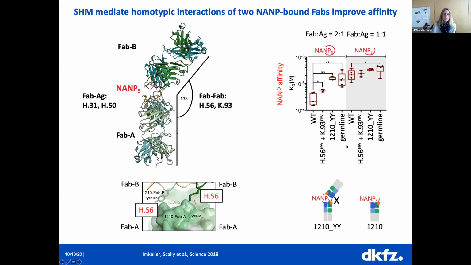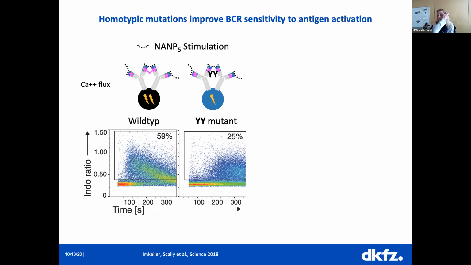So suggesting or demonstrating that these Fab-Fab interactions indirectly improve binding to this repetitive antigen. Now, what is the reason for the selection?